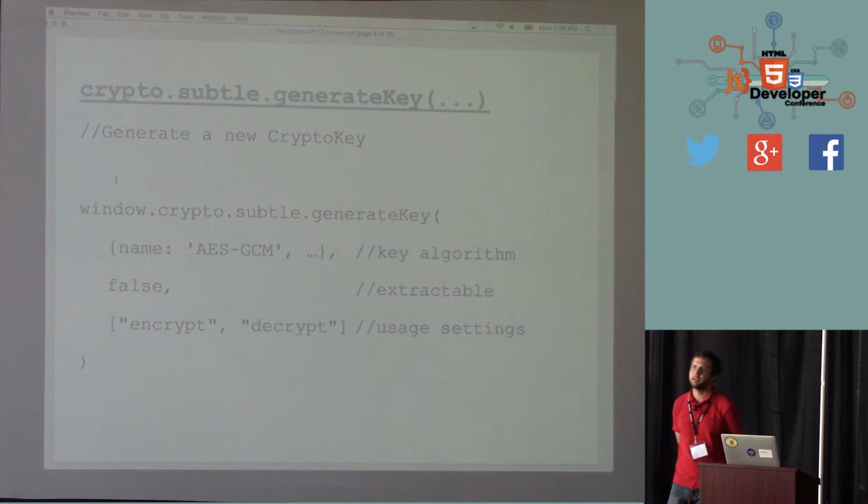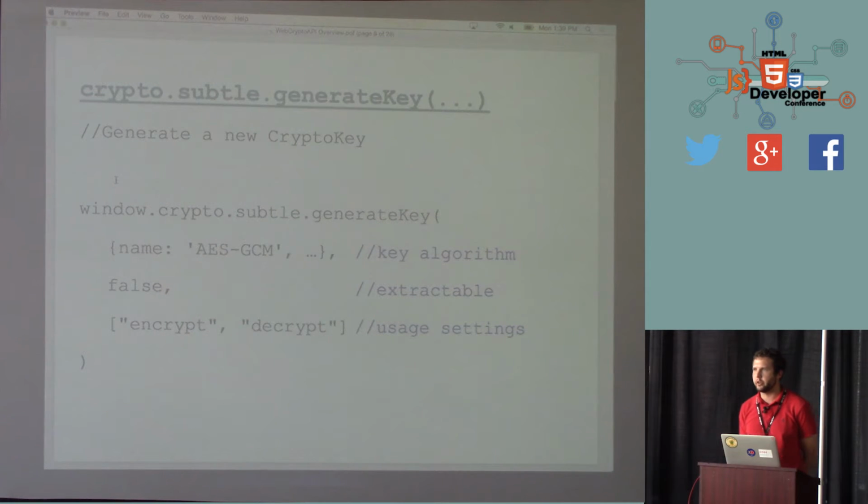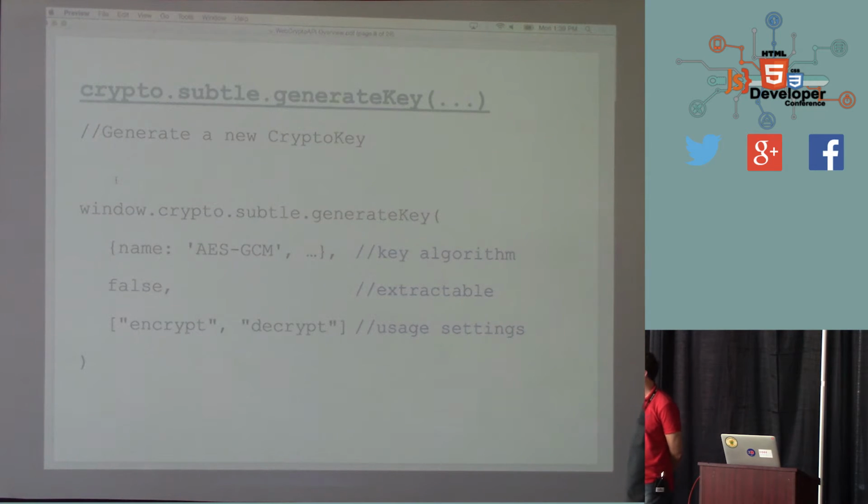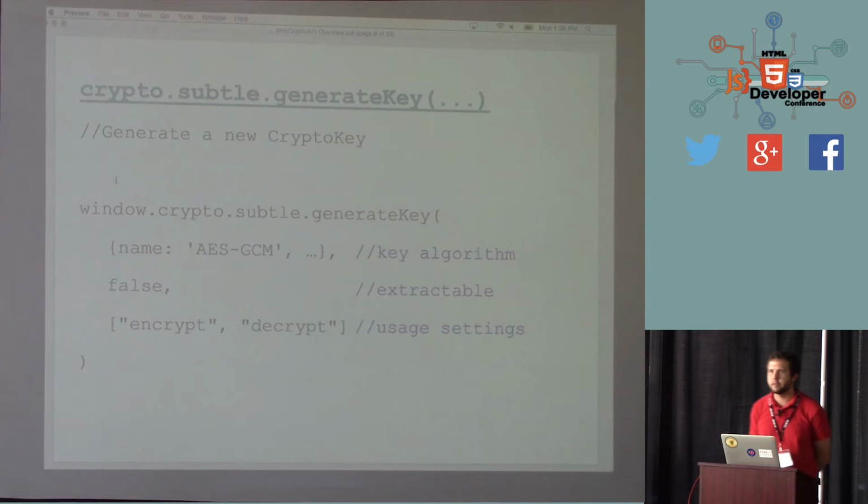That allows you to keep the key safe inside the browser without having any malicious JavaScript have access to it. Now, if you have third-party code or third-party JavaScript libraries or whatever. And then the usage settings are the array of usages that you want that generated key to be able to do. That's limited based on the type of key that you generate, and I'll go through that a little bit later on.